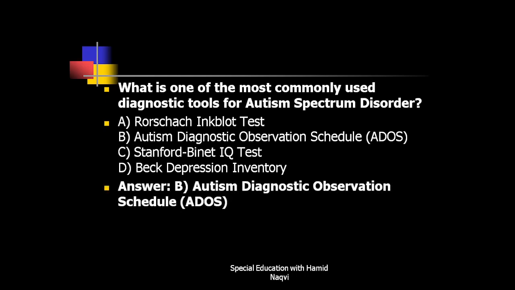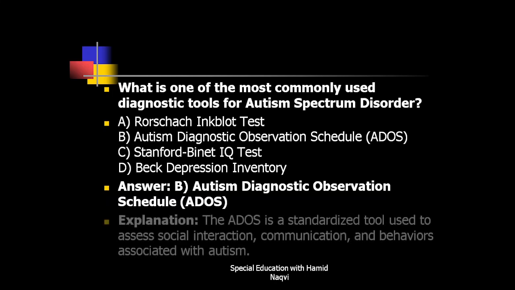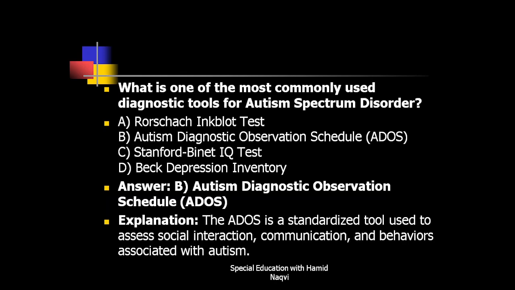Answer is Autism Diagnostic Observation Schedule. Autism Diagnostic Observation Schedule, which in short we call ADOS, is a standardized tool used to assess social interaction, communication, and behavior associated with autism.